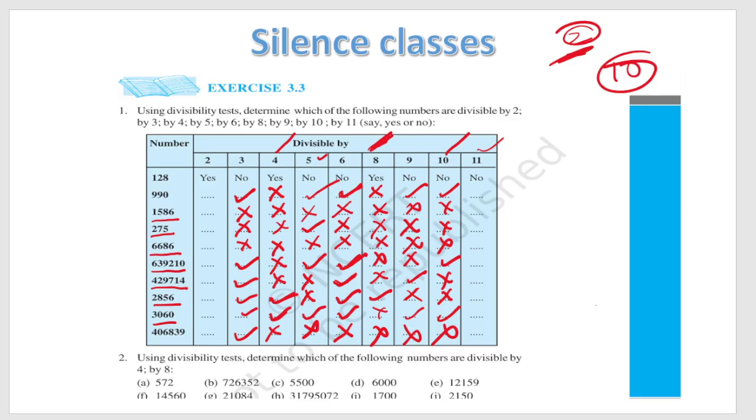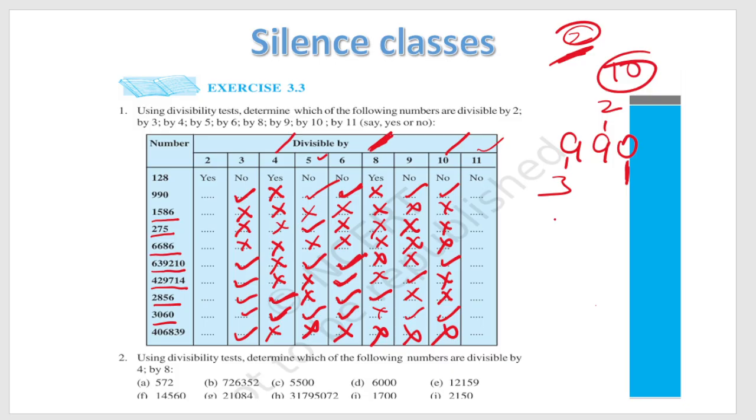What we have to do with 990 is take the digits at odd places and at even places. One is the first digit, second digit, third digit. The digits present in the odd places are 0 and 9.